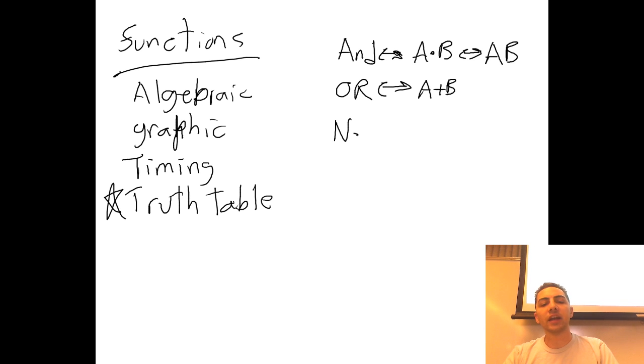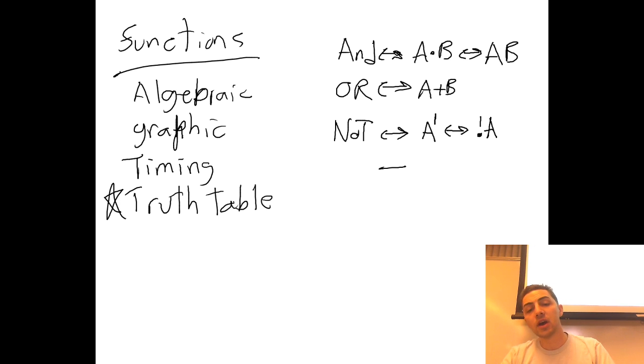For NOT, we have two ways, or actually three ways of recognizing NOT. First is to say A prime. Another way is to say exclamation point A. Actually, there's quite a few now that I'm thinking of it.